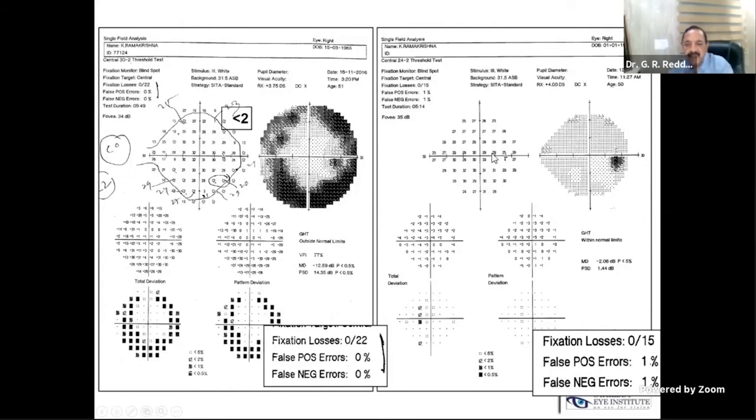When the bulb is changed, we see the field becomes normal. Even though the patient did the field 100% accurately, because of the bulb you are suspecting glaucoma. This type of field we don't usually see. If this comes, usually it may be false negatives, fixation, rim artifacts, or even a dim bulb, and you should replace the bulb.